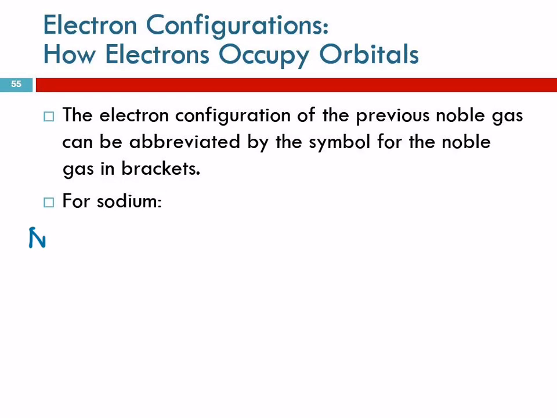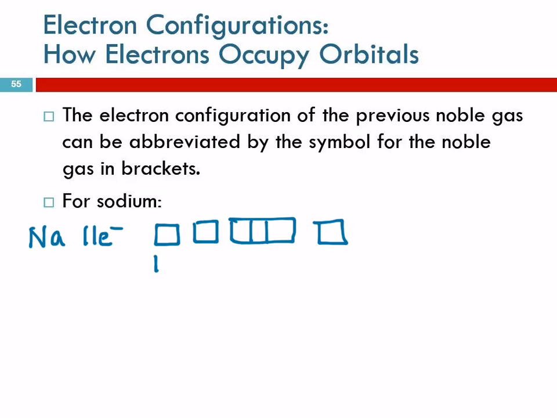So sodium is element number 11. It has 11 electrons. So if we draw the orbital diagram, we know that 10 was neon. 10 filled it up, and so we're going to need an extra box this time. 1s, 2s, 2p, and this is 3s. And then as we put our 11 electrons in here, we've got 1, 2, 3, 4, 5, 6, 7, 8, 9, 10.